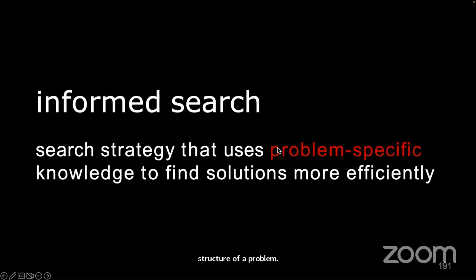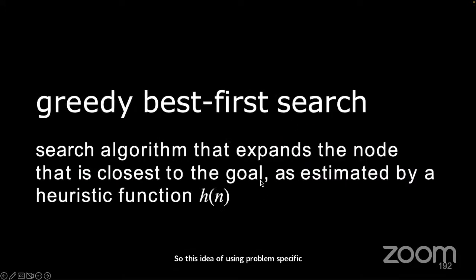So this idea of using problem specific knowledge is also known as heuristics. One very simple implementation is greedy best first search, which judges multiple states based on a heuristic function, which gives us an estimate of how close a state is to the goal state.